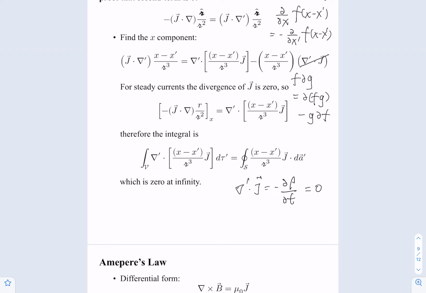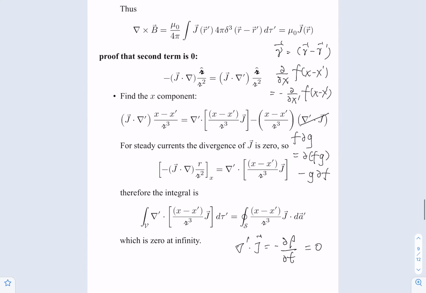What's left over is only a del prime operator applying on this bracket on the right. Now the second term is the integral that involves this divergence operator, and according to the divergence theorem, this integral can be rewritten as a surface integral.